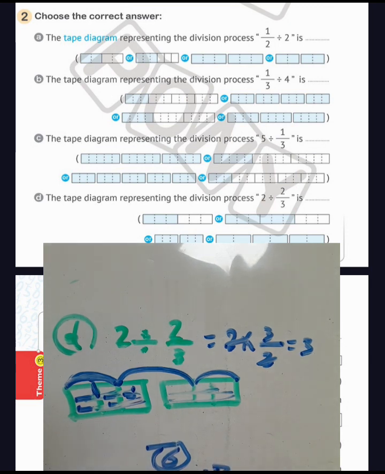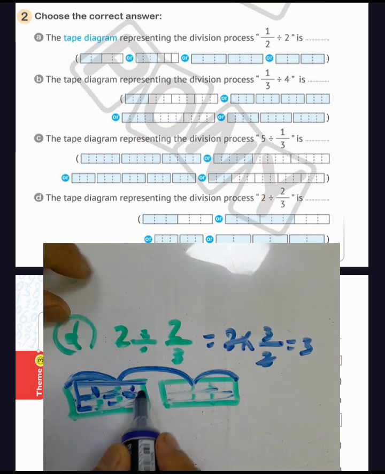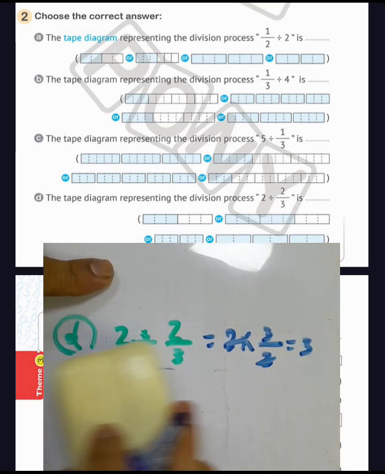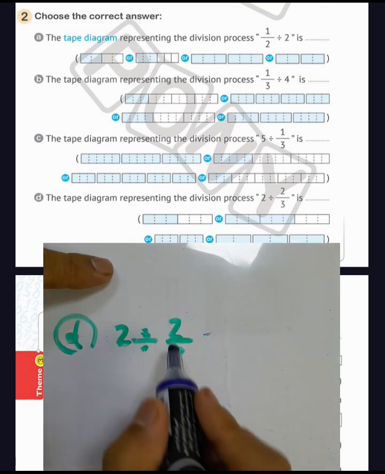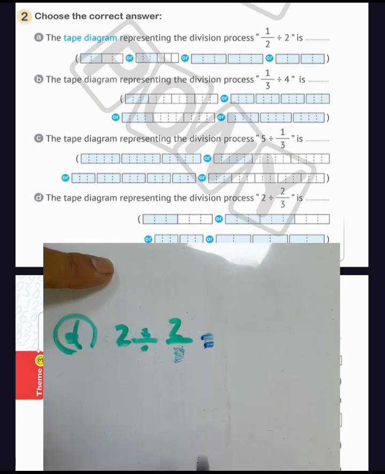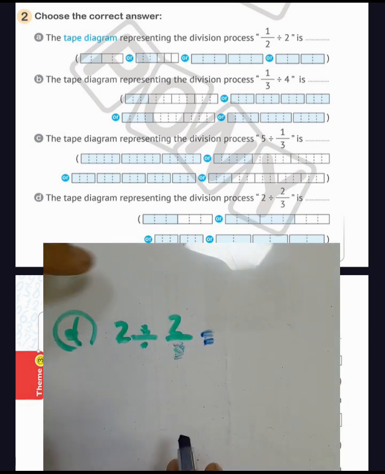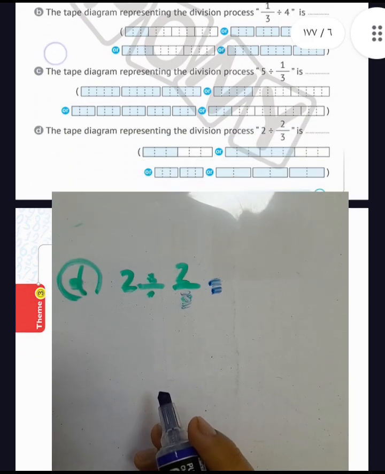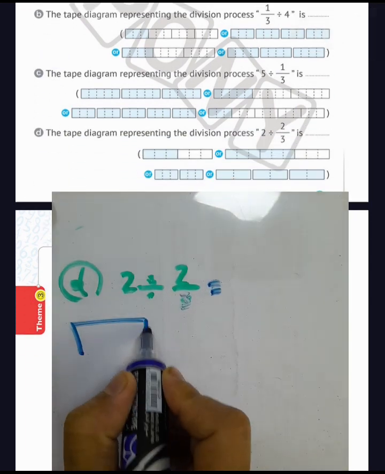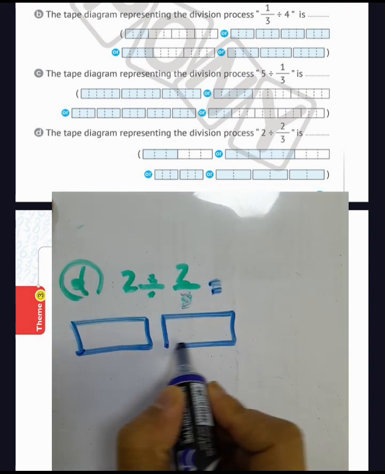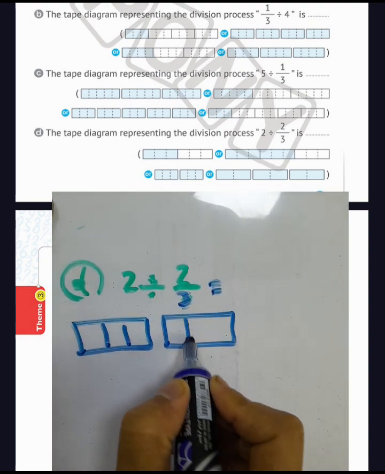Again, in this example, first step, how many models will we draw? 2 models. Okay, I will solve it again to know the steps. What about this example? How do we solve this example? First step, we will draw 2 models, and divide each one of them into 3 parts.